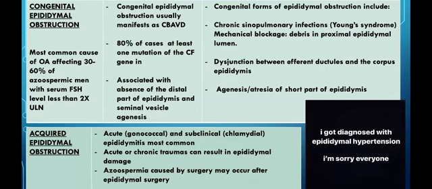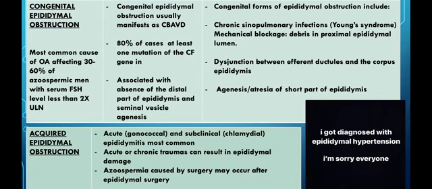So when one looks at congenital epididymal obstruction, it's the most common cause of obstructive azoospermia, about 30 to 60% of azoospermic men with normal FSH levels that are less than 2 times the upper limit of normal. Usually it manifests as congenital bilateral absence of the vas deferens, and at least 80% of these patients have at least one mutation in the cystic fibrosis gene.